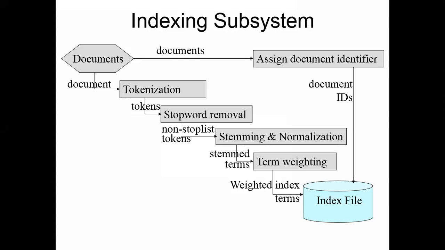Then for each document, to easily identify them, we have to use a document identifier. In the internet world, URLs are used as document identifiers because the URL assigned to each document is unique.